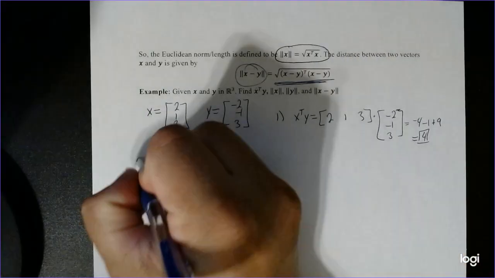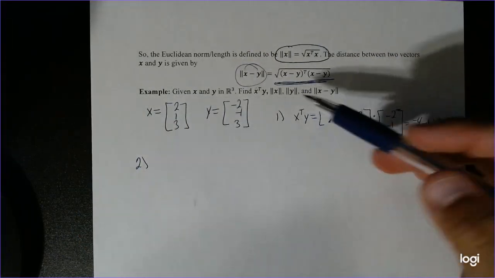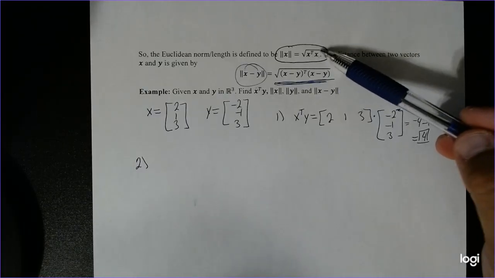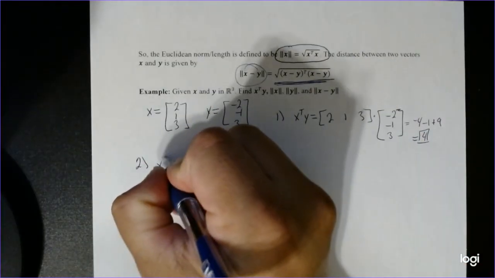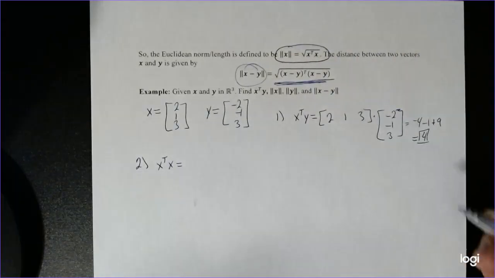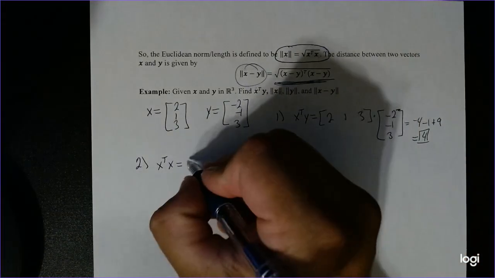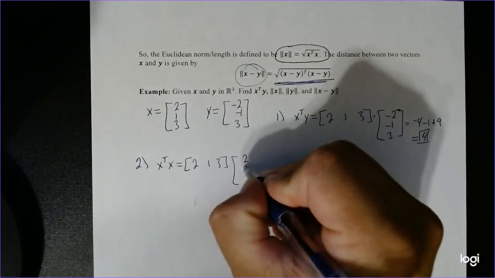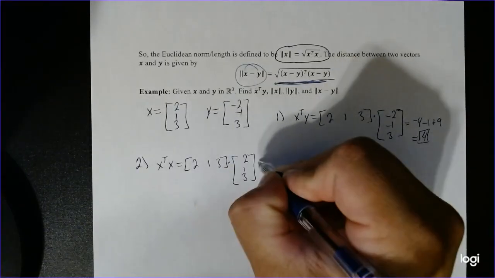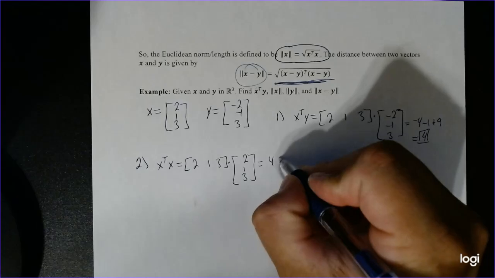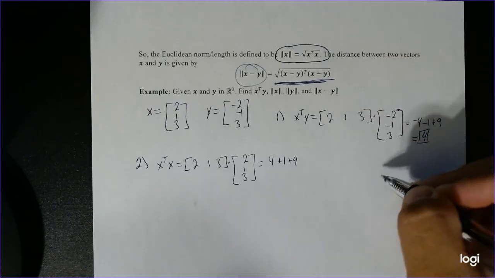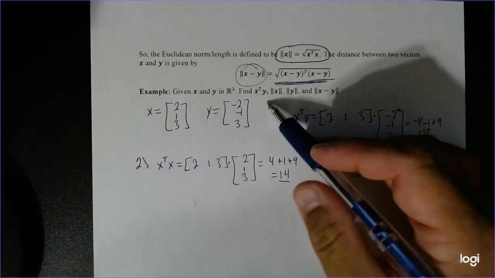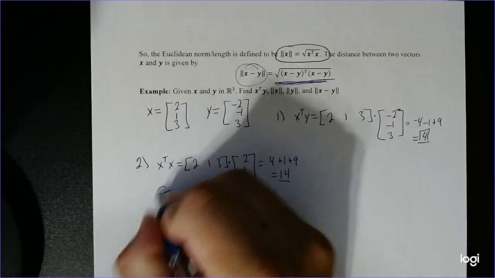Okay. Now we're on to 2. We just want to find the length of x. So the length of x is defined by this portion. It's just going to be x transpose dot product its original vector. So 4 plus 1 plus 9, so 14. And since we want the length, it's going to be the square root of 14.